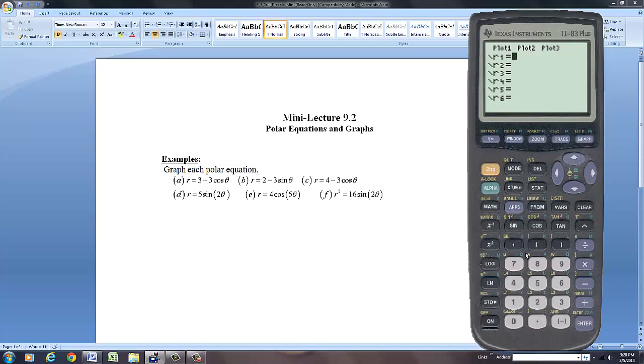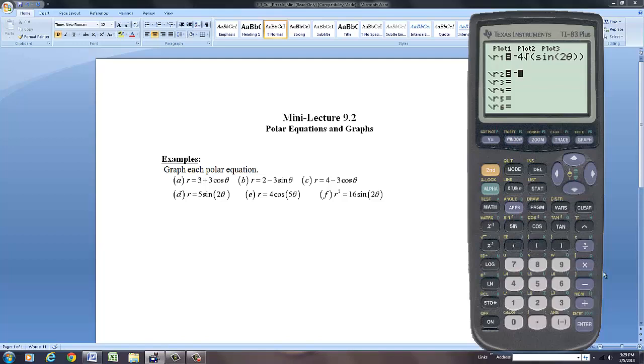So I'm going to enter minus 4 and hit my square root, and then enter the function sine of 2 theta, close parentheses, and then close parentheses, and then for the next one, enter minus 4.